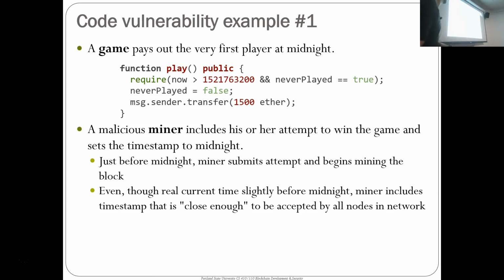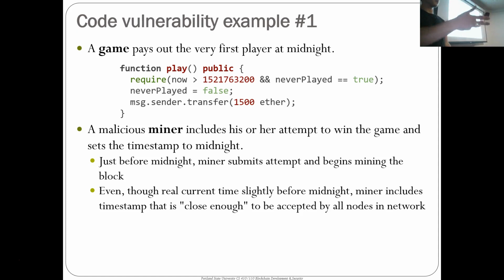So a malicious miner can include his or her attempt to win the game, and then set the timestamp to before midnight. So maybe it's 11:57 or 11:58, and there is some slush time where even though the timestamp looks skewed too early, there's a threshold where the Ethereum full nodes will accept the timestamp even though it appears early.